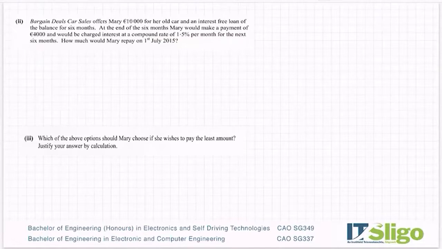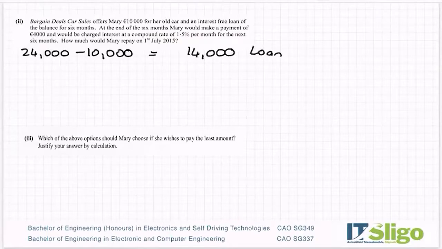Okay, so let's work this out bit by bit. So the car is still 24,000. She's getting 10,000 for her own car. So this time she needs a loan for 14,000, or that's how much is left to be paid, okay? So that's how much she is borrowing. So she pays nothing for a while, and then at the end of 6 months, she pays off 4,000.